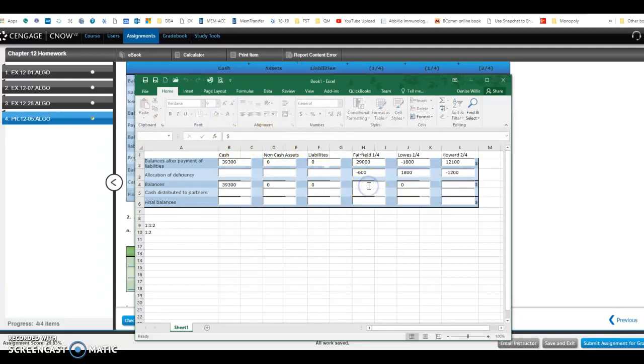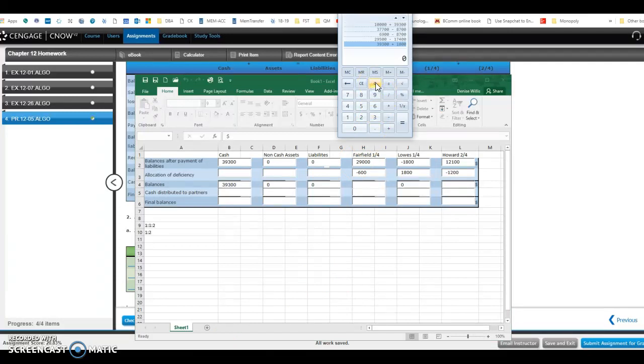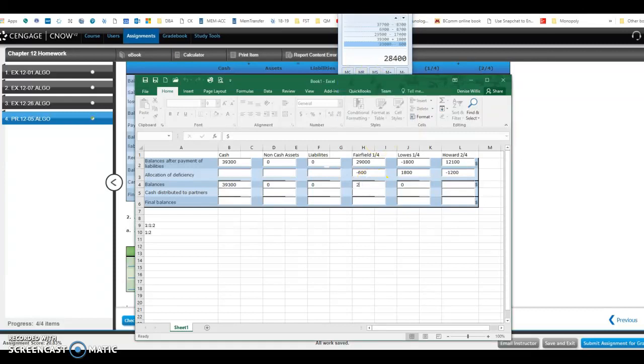Okay. We need to get a new amount here. This right here is that amount minus... I'm trying to do this and it didn't work out so well. Okay, let me just pull up my calculator and type the answer in. 29,123 minus 600. Okay, 28.4.